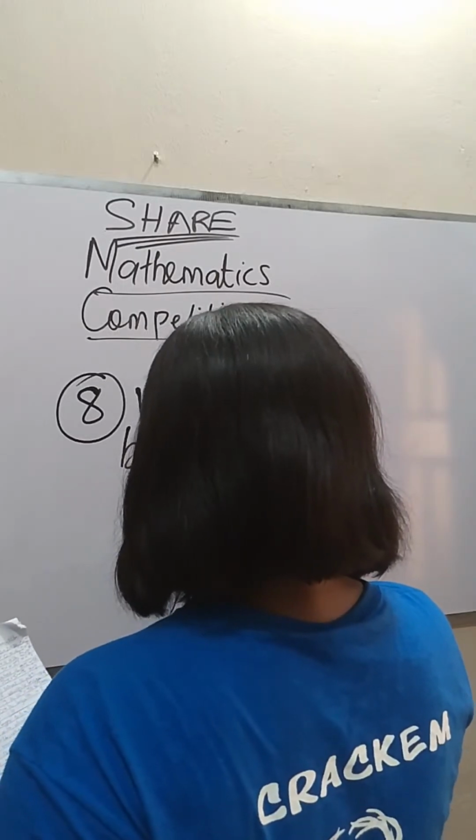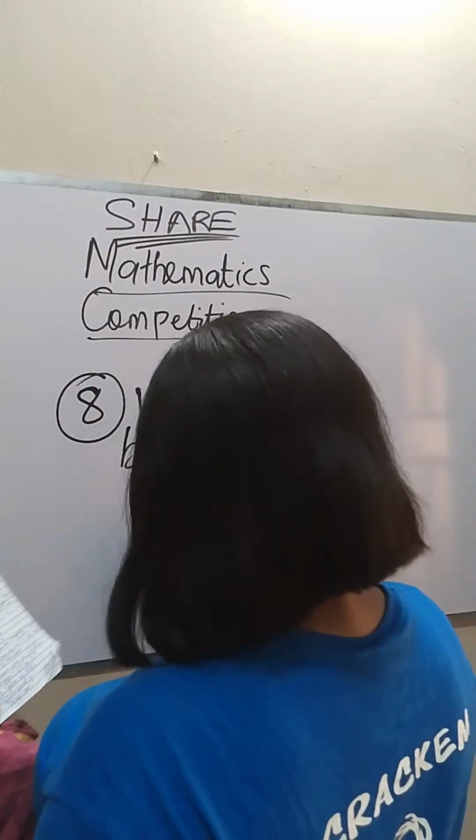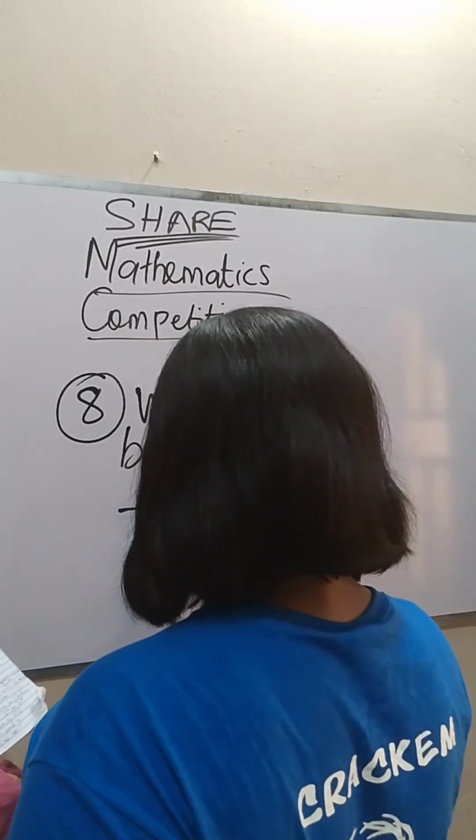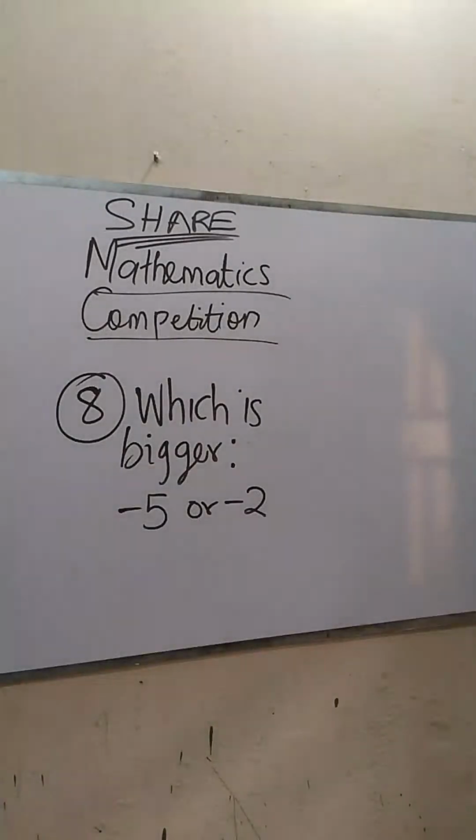Which is bigger, -5 or -2? Is it -5 that is bigger than -2, or -2 is bigger than -5? Please solve it and tell me which is bigger.